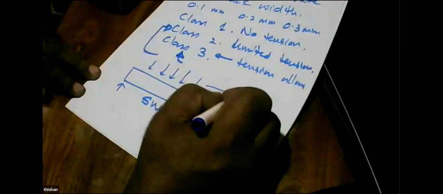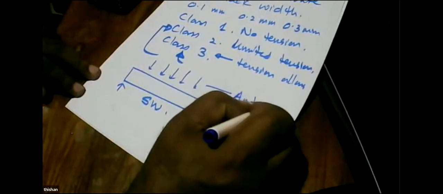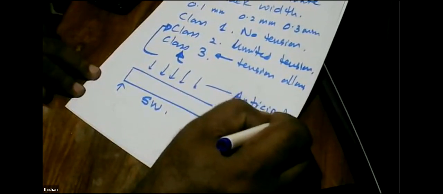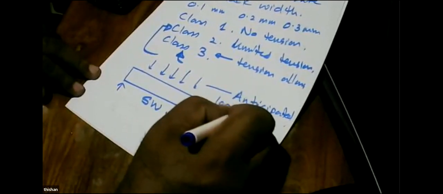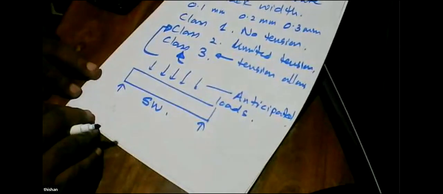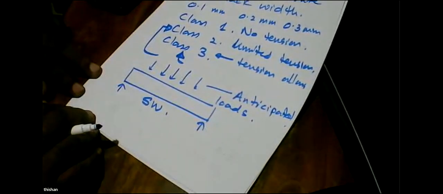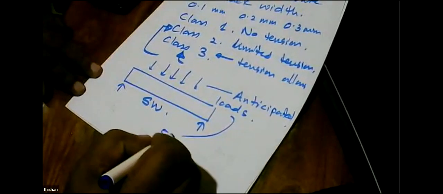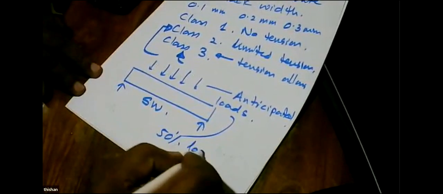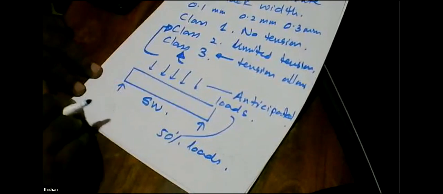These are the anticipated loads. They are not the actual loads. These are the loads that we think will act on the bridge. But most of the time, even 50% of these anticipated loads might not come on the bridge.